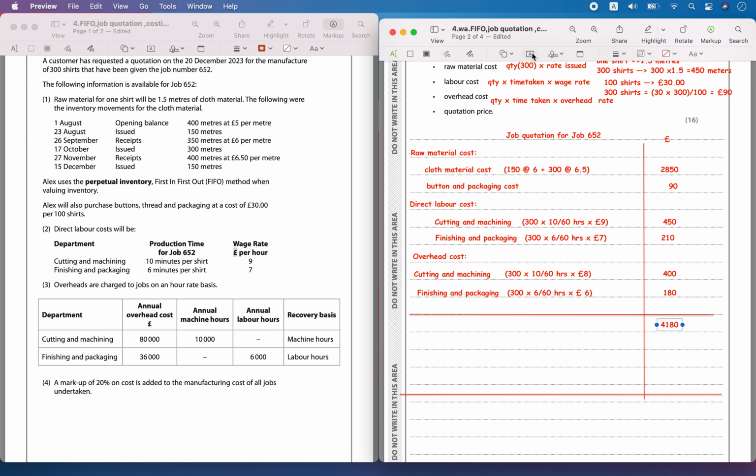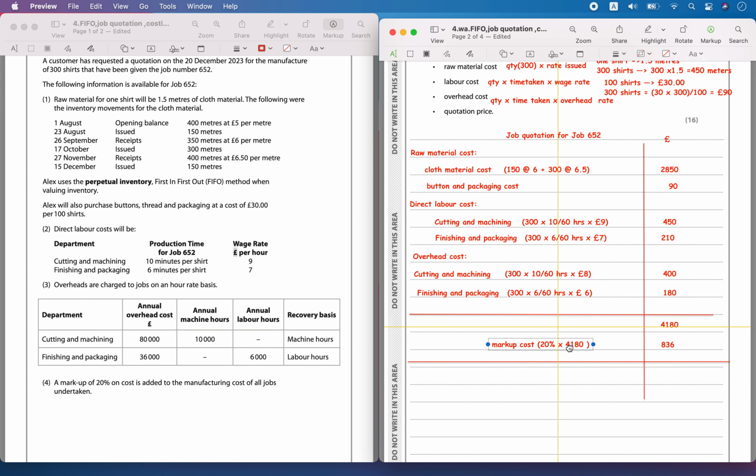Now he says that there is a 20% markup on the cost that should be added. So let's add the markup cost. That's 20% of 4180, which is going to be equal to 836. So let's write that, 836.